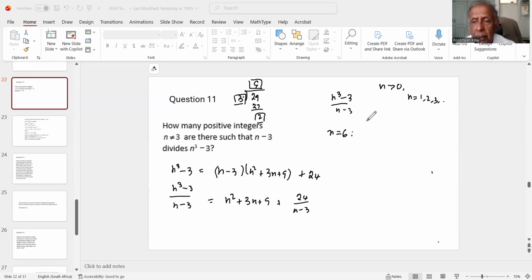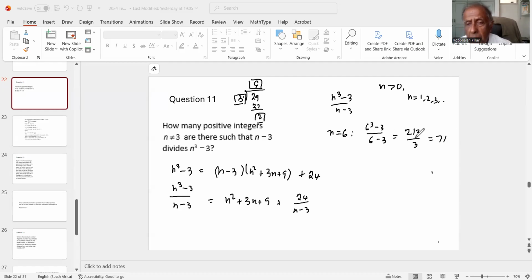Now you have 6 cubed minus 3 over 6 minus 3. And when you work this out, you get 213 over 3. And now you see 3 goes exactly into 213, and you get an integer as the answer.